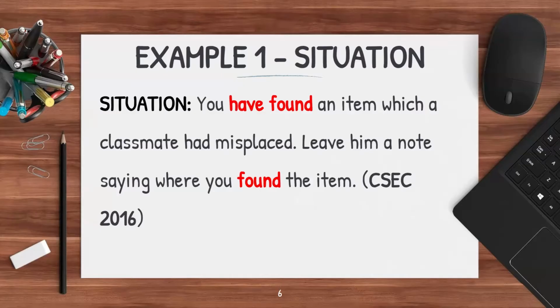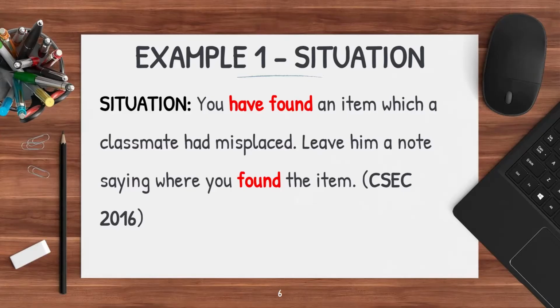It says, you have found an item which a classmate had misplaced. Leave him a note saying where you found the item. The situation wants us to do what the situation is telling us to do. It says, leave him a note saying where you found the item.